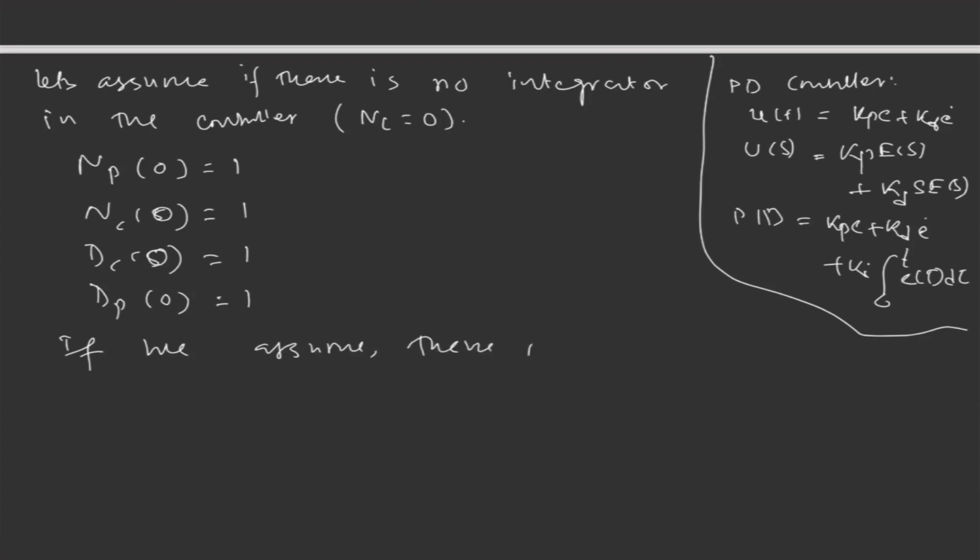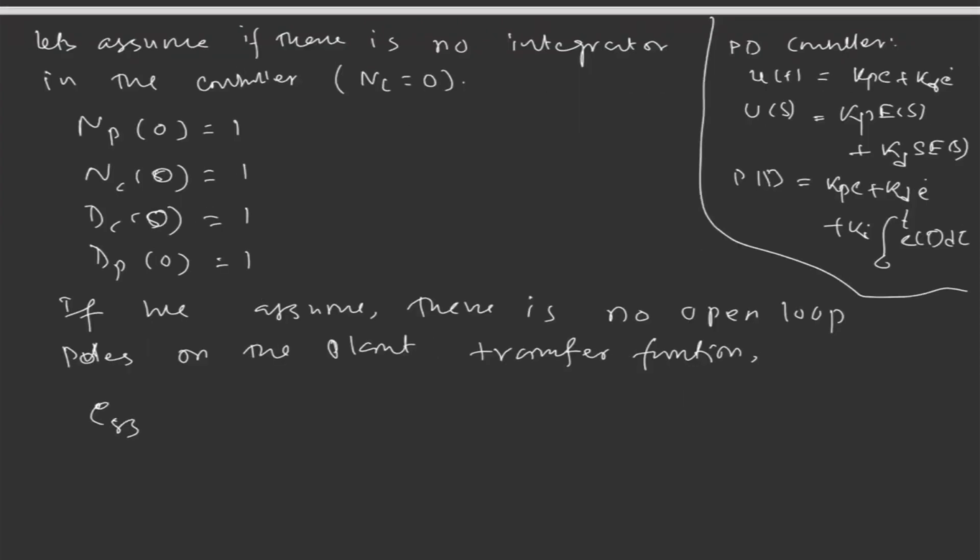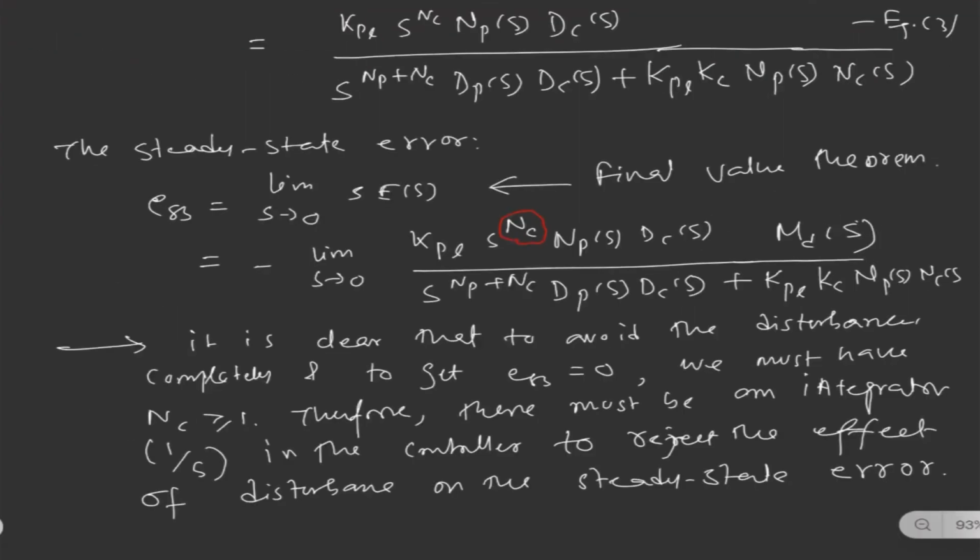In this situation, if you assume there are no open loop poles in the plant transfer function, then we can write e_ss. So if you assume N_P equal to 0 and N_C equal to 0 in this equation, let me define this equation number 4.